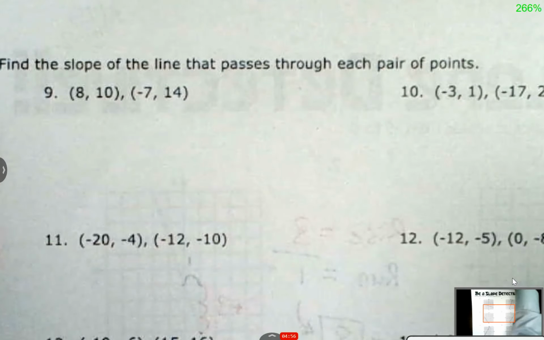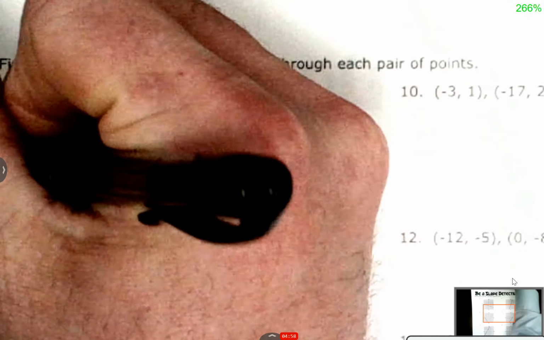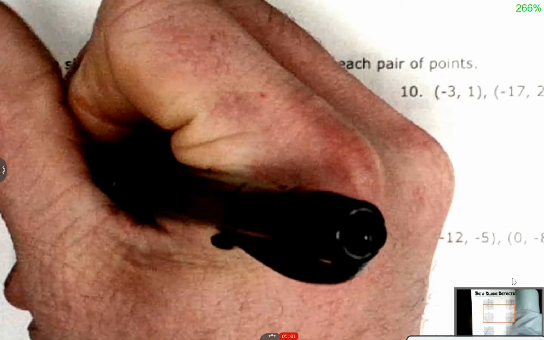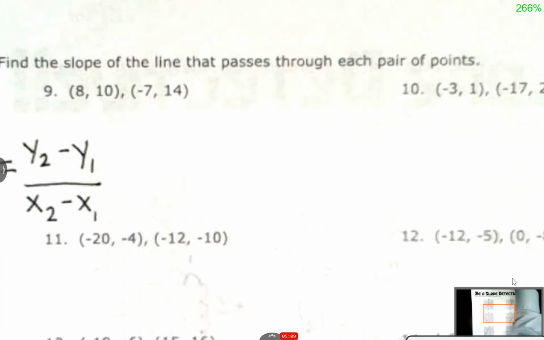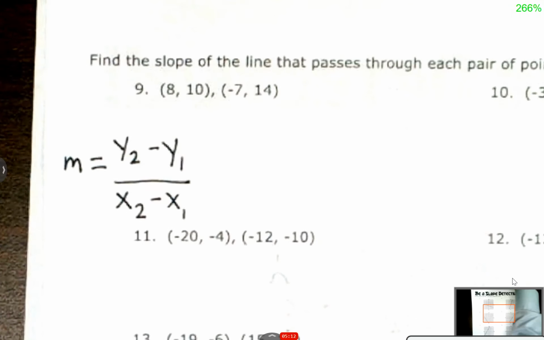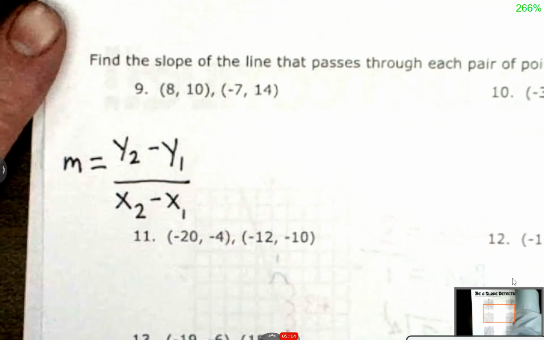So first, the slope formula method. Remember, your slope formula is y2 minus y1 over x2 minus x1. And you're going to plug in the points where they go. Remember, we've got to name our points.